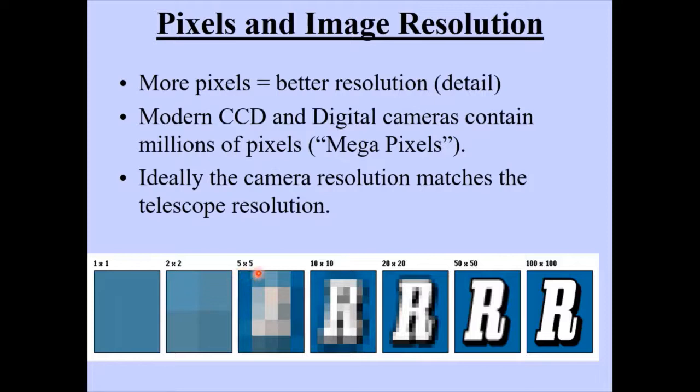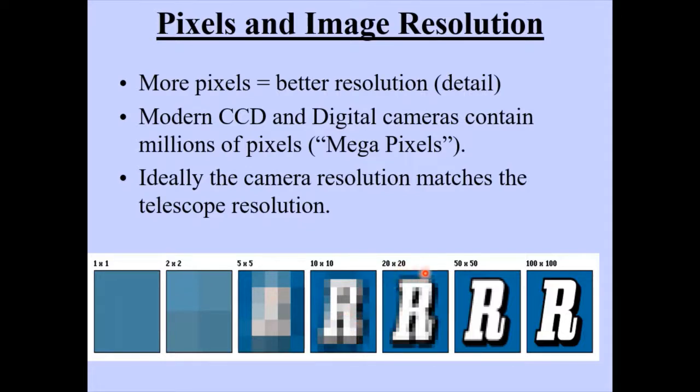Going to 5 by 5, that's 25 pixels. Now we can see that there's something bright in the center, but obviously we don't have enough resolution yet. When we go to 10 by 10 or 100 pixels, we can start to make out the rough shape of the object, but it's still too pixelated to be able to really tell what's going on.